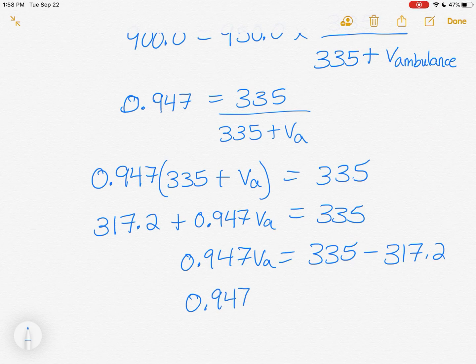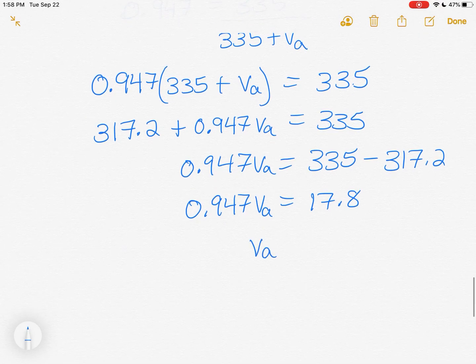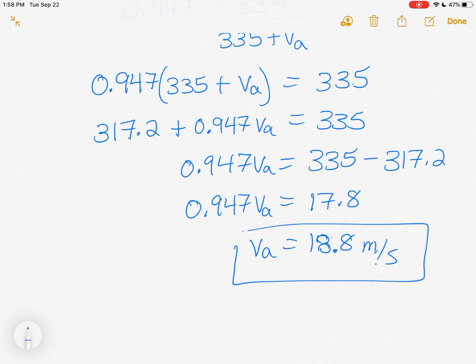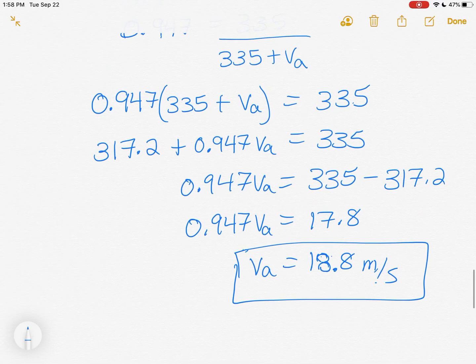So 0.947 VA is going to equal 335 minus 317, so 17.8. And then we're just going to divide both sides by 0.947. So we get 18.8, and that's going to be in meters per second. That's the speed of our ambulance, 18.8 meters per second.